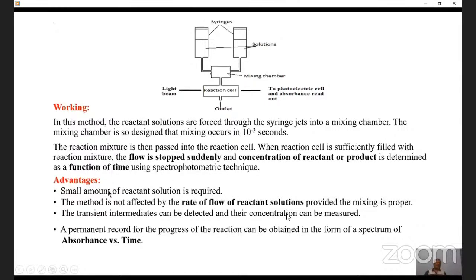And the last advantage is that a permanent record of the progress of a reaction can be obtained in the form of a spectrum of absorbance versus time. So like this, the stopped flow technique can be used to determine the rate of fast and ultra fast reactions.